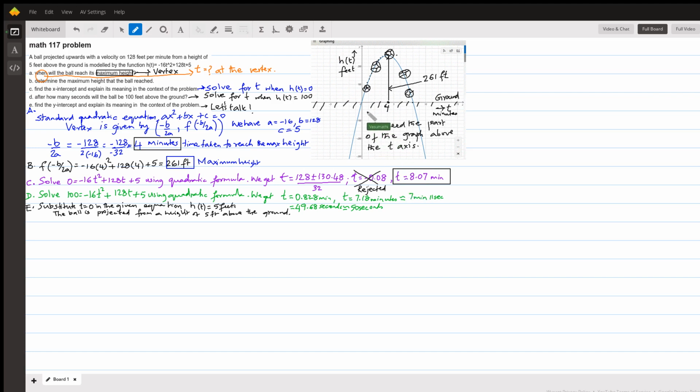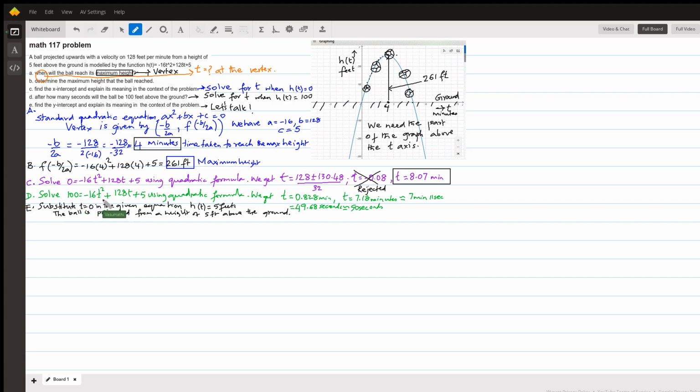And in this graph, it's also the place where the parabola crosses the x-axis. So that's how we have t equal to 8.07, by solving the equation for the value of t when h(t) is 0.